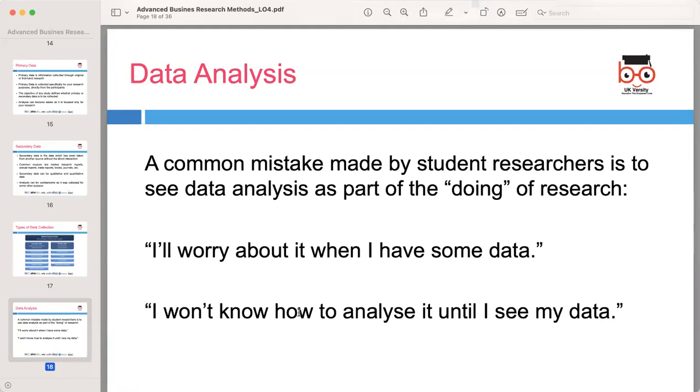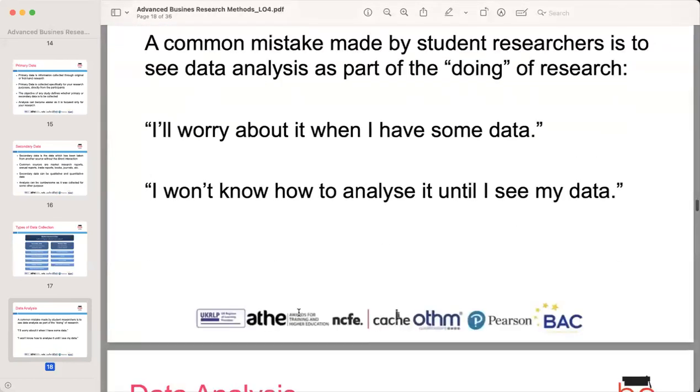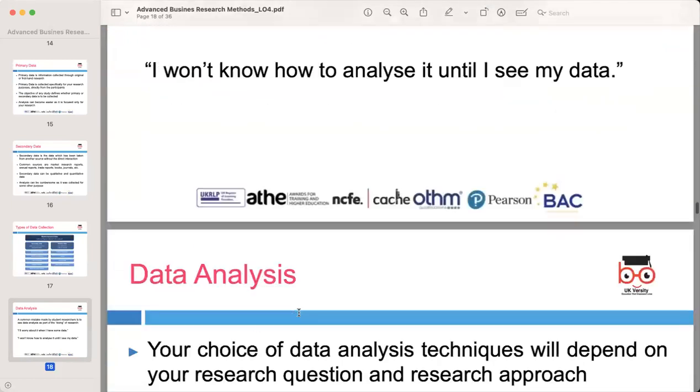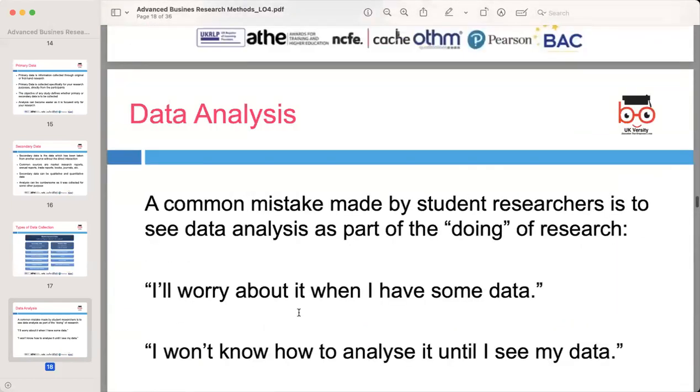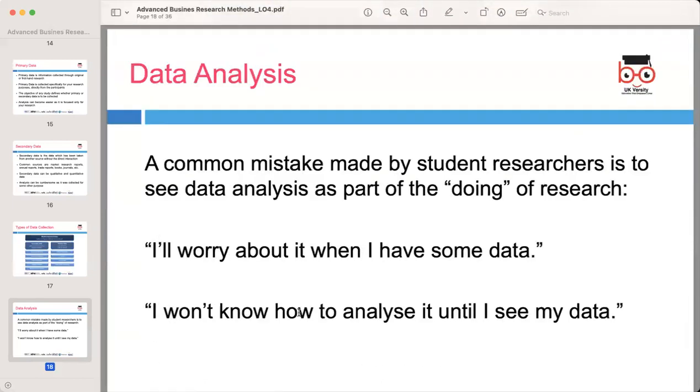This way you can design your data collection process with the analysis in mind, ensuring you gather the necessary information to answer your research questions. Basically, data analysis is not something you can put off until later. It is an essential part of the research process that requires proper planning and consideration.